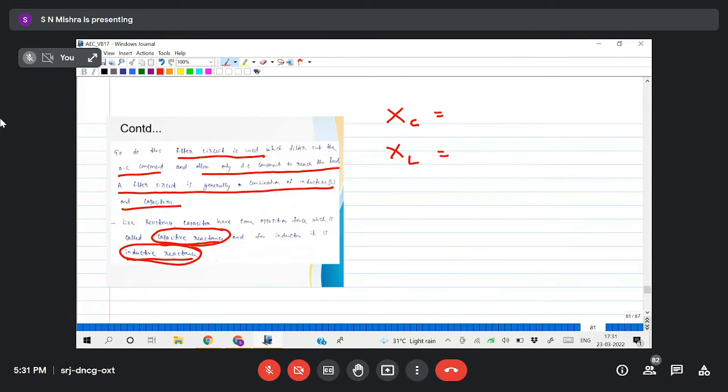So what is the formula for this XC? याद नहीं सर. याद नहीं है. For XC it is 1 by 2 pi FC or 1 by omega C, and XL is omega L or 2 pi FL.